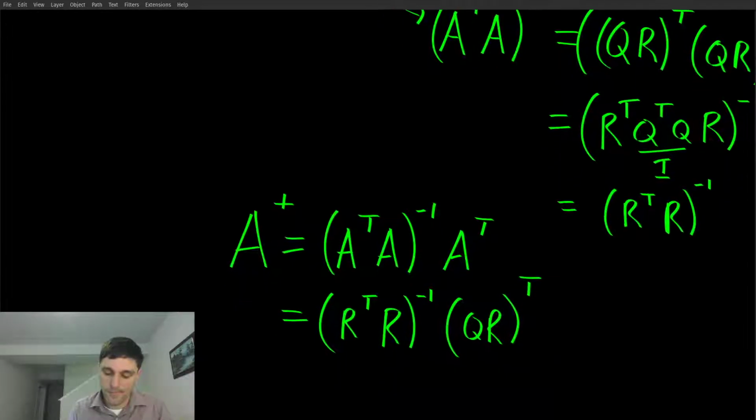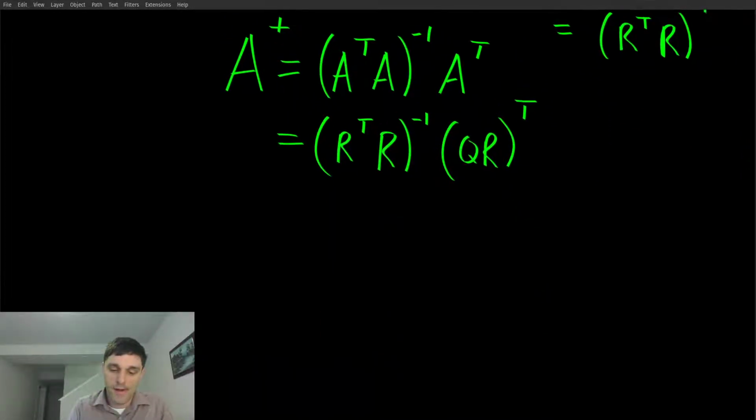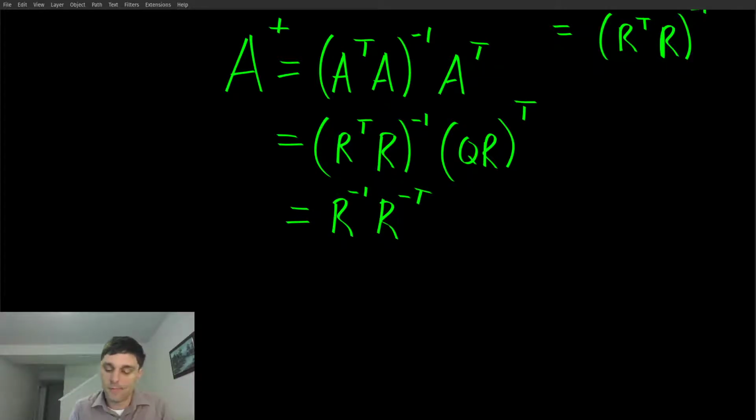Because these triangular R's are invertible, we can distribute the inverse inside, and we end up flipping again, and we get R inverse, R negative T, the inverse of the transpose, and then here again distribute R transpose Q transpose.